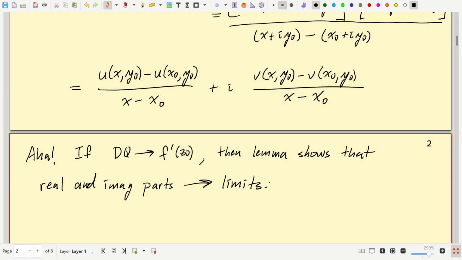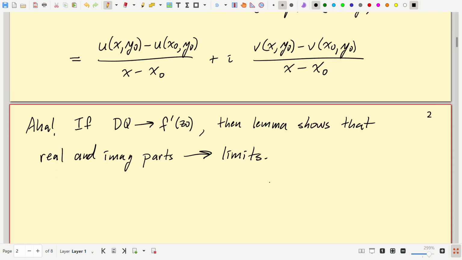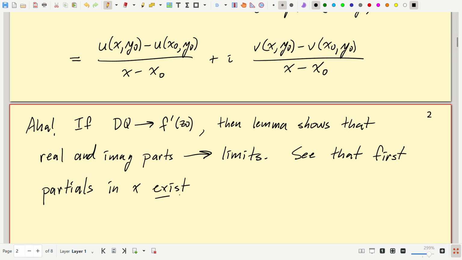And so we conclude that the first partials in x exist. That's important, step one.